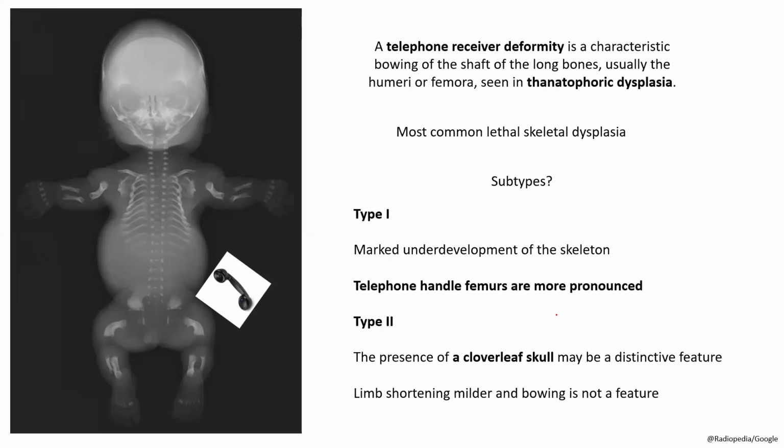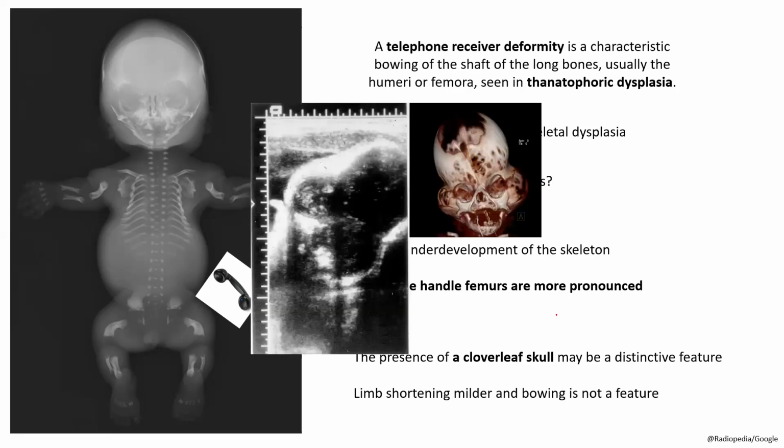In type 1, there is marked underdevelopment of the skeleton, and the long bones are bowed and telephone handle shaped. In type 2, the limb shortening is not that severe, but the skull is deformed. The skull takes the shape of a clover leaf. So this is type 2 thanatophoric dysplasia, in which you can find a clover leaf shaped skull.